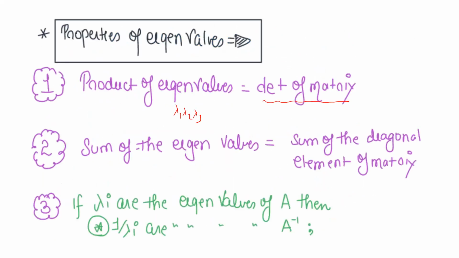So what are the properties of eigenvalues? Product of eigenvalues is equal to the determinant of the matrix. Sum of eigenvalues is equal to the sum of the diagonal elements of the matrix. Third, if lambda i are the eigenvalues of A, then 1 by lambda i are the eigenvalues of A inverse.